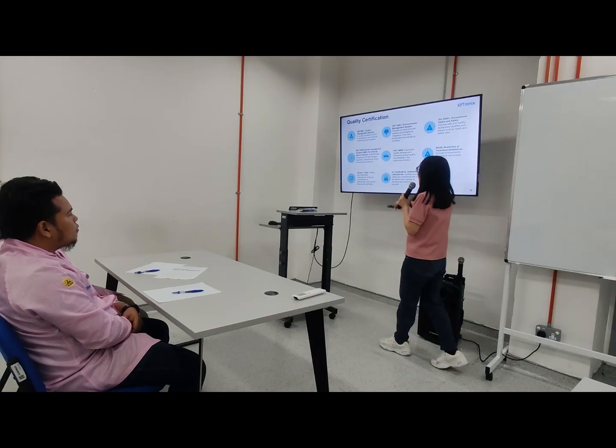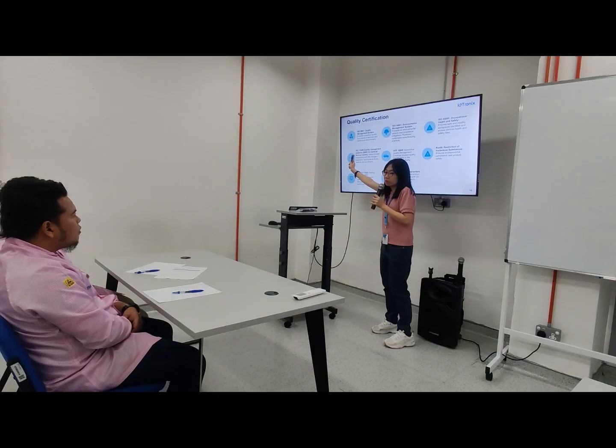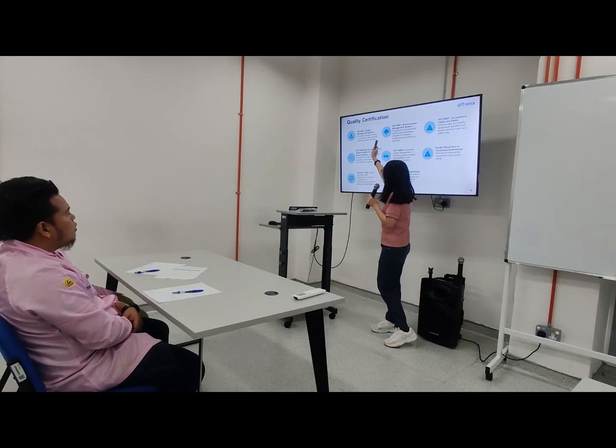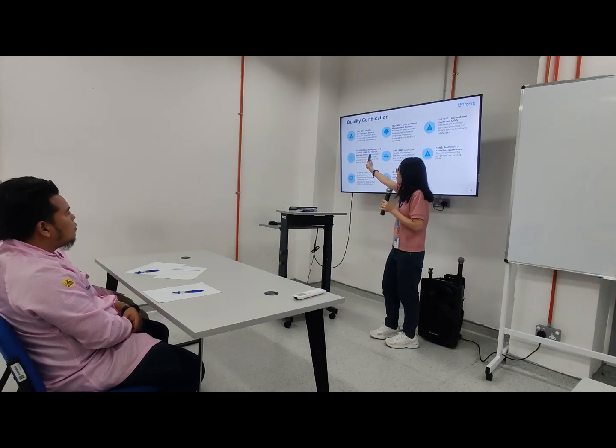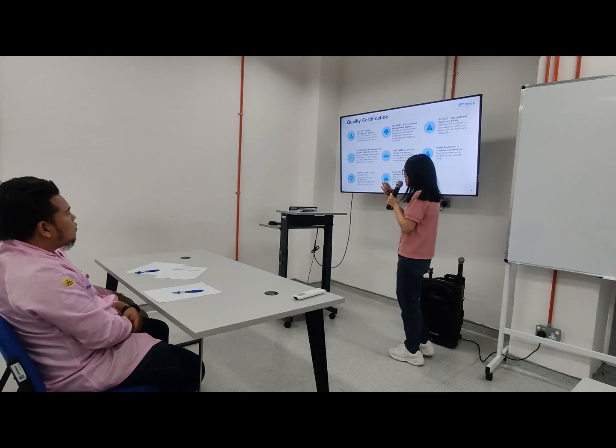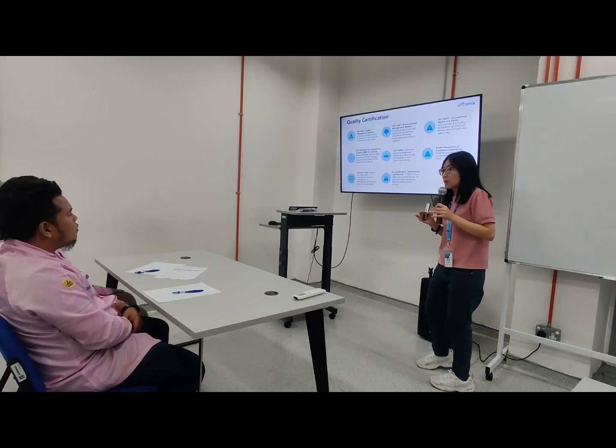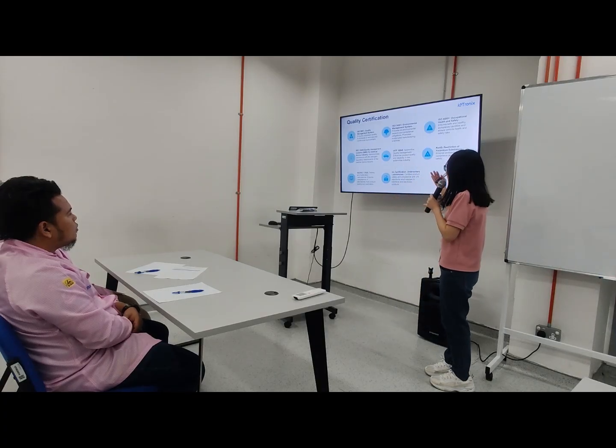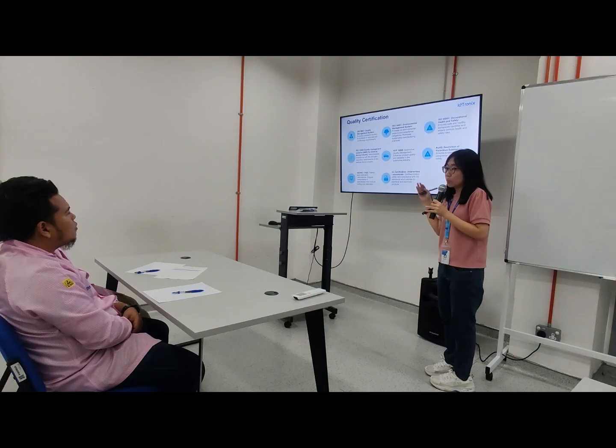First one is ISO 9001, the Quality Management System. What's the function? We need to ensure consistent quality in our product or services, and also continuous improvement. For now, our company is at ISO stage 1. We had the first stage audit on 16 and 17 October.